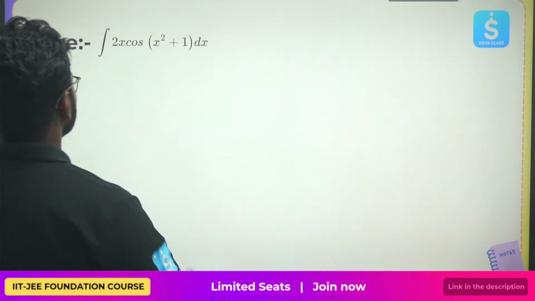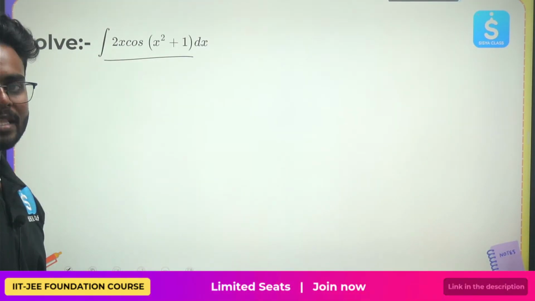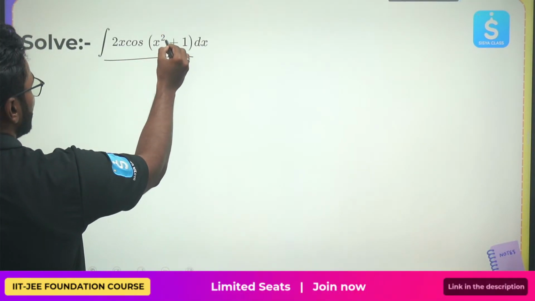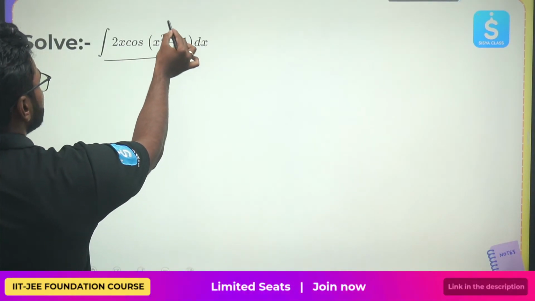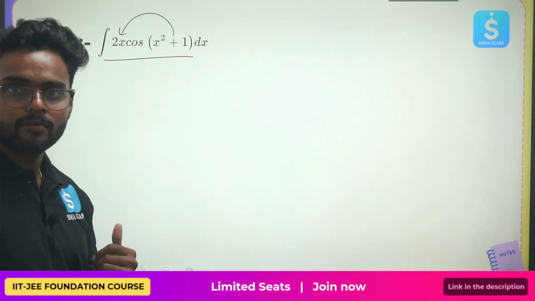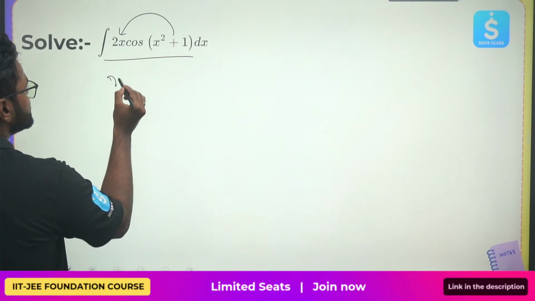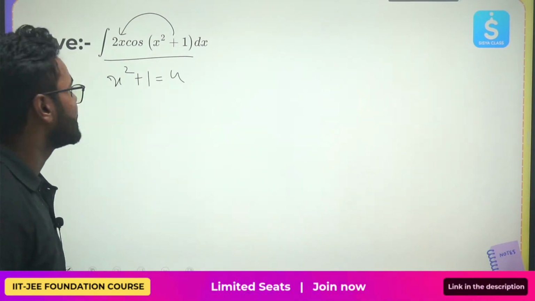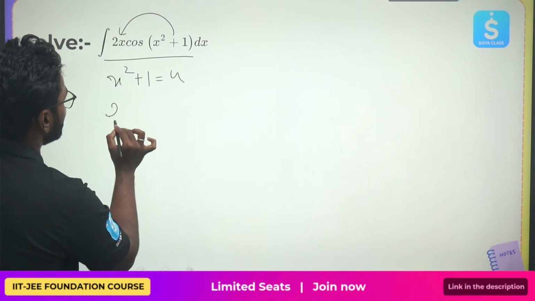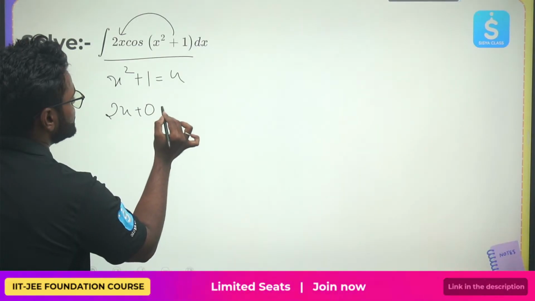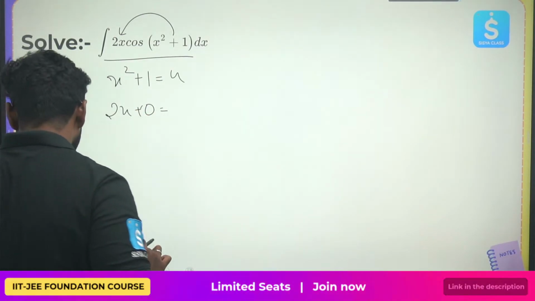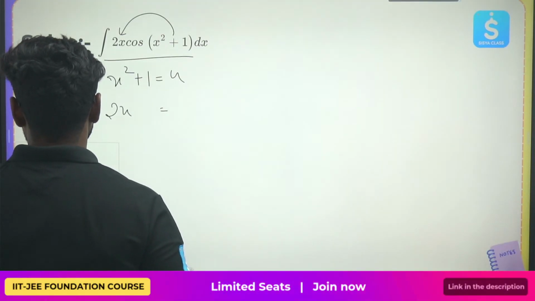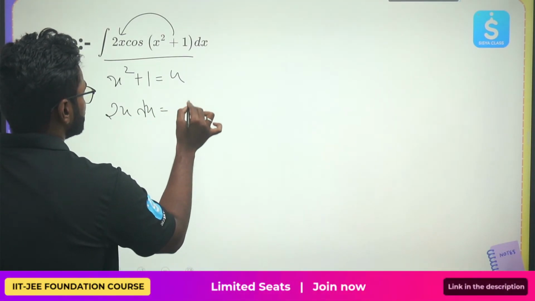Now, let us solve this question, right? In the method of substitution, what can we use? You can see x square plus 1. If you differentiate it, you would be getting 2x, right? We can use that now. x square plus 1 is equal to u. Got it? Let us differentiate it. This should be 2x plus 0 is equal to du, so 2x dx is equal to du.